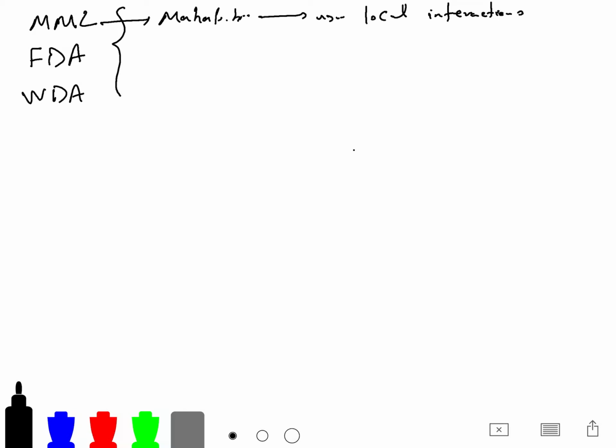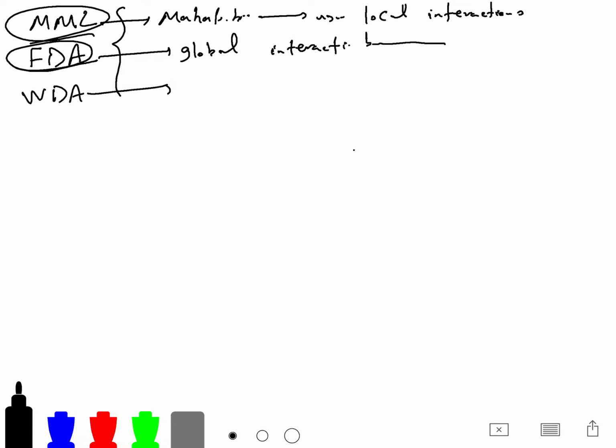But in Fisher discriminant analysis, as I said, you want to maximize the difference between the means of two classes, so it's a global interaction between points. But in Wasserstein discriminant analysis, the idea is to combine the global properties of this algorithm and the local properties of the MML algorithm.